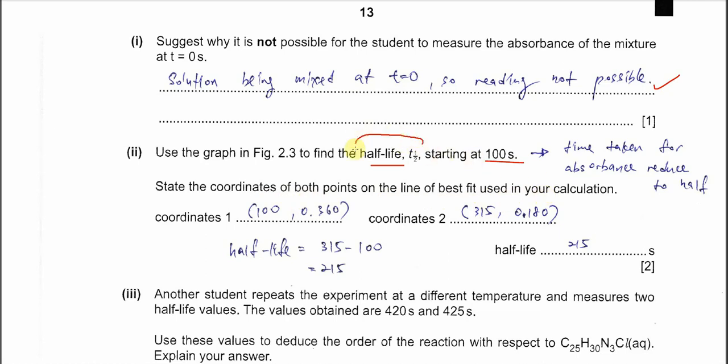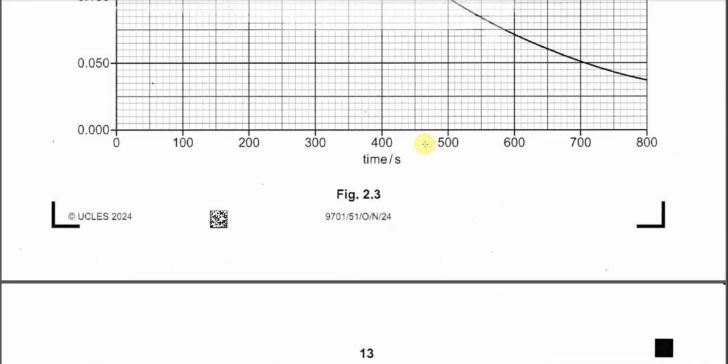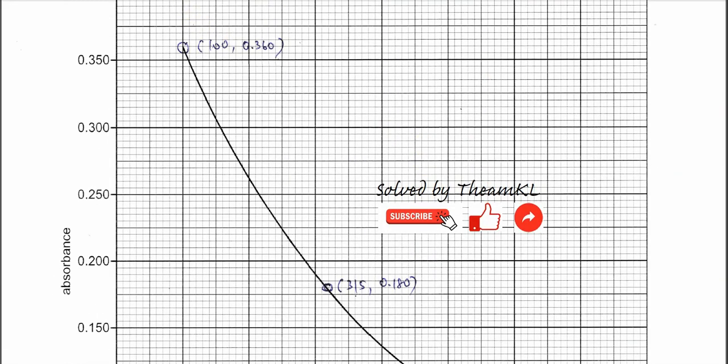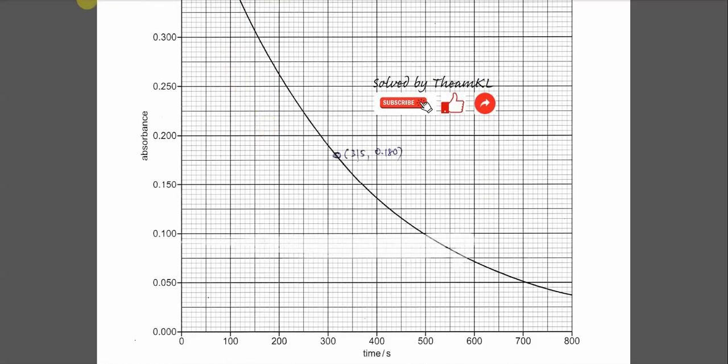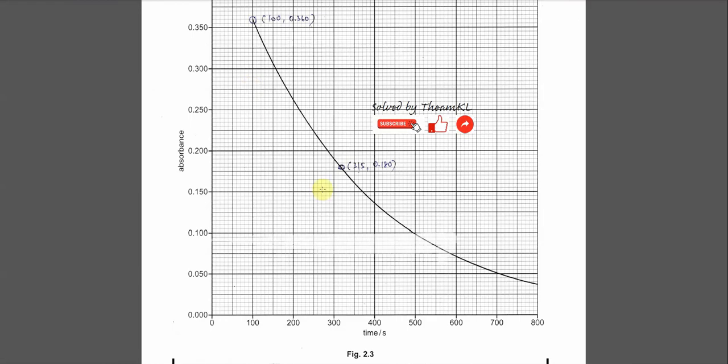Half-life is the time taken for the concentration, or the absorbance in this case, to reduce by half. Starting from 100 seconds, the absorbance is around 0.36 here.